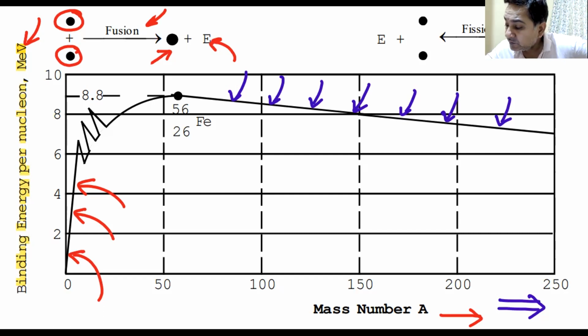So what will happen? One nucleus will break into two smaller nuclei. Do you understand this? As mass number increases, binding energy per nucleon decreases, and hence heavier nuclei become less and less stable.